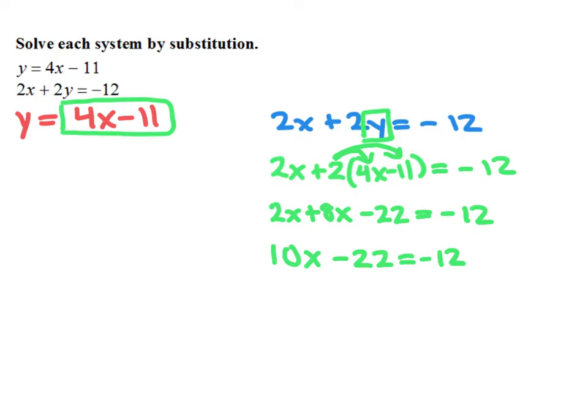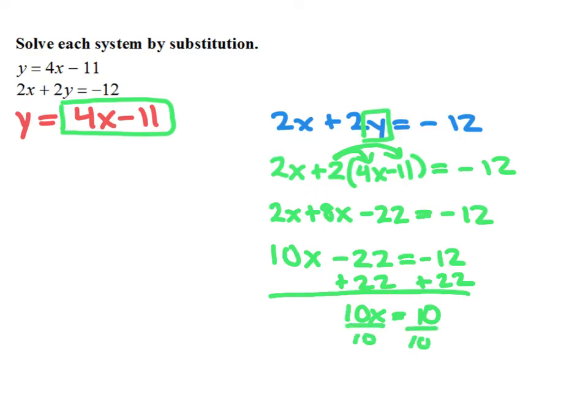Solve to get the variable by itself by adding 22 to both sides. So I'll have 10x equals 10, and then lastly divide both sides by 10 so that x is equal to 1. Now that I know that x is equal to 1, I can take this value of x and substitute it into my original equation.